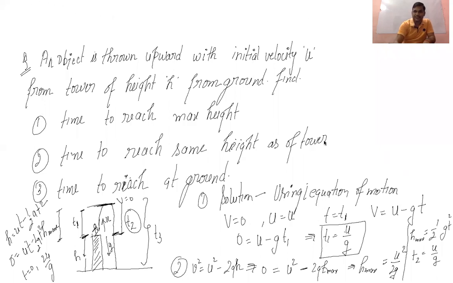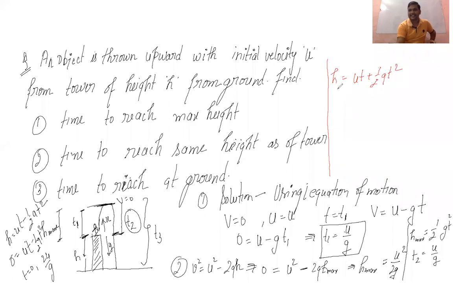Here is empty space, and I am using this space by taking a different color, because the time is running. So to find out t3, this will be the equation: h is equal to ut plus half g t square.